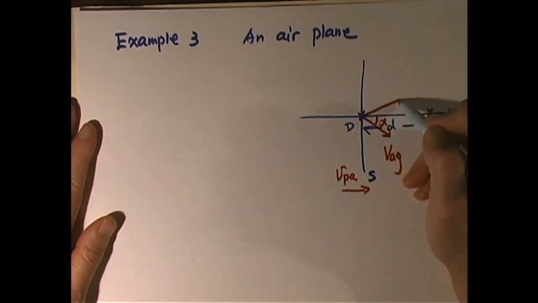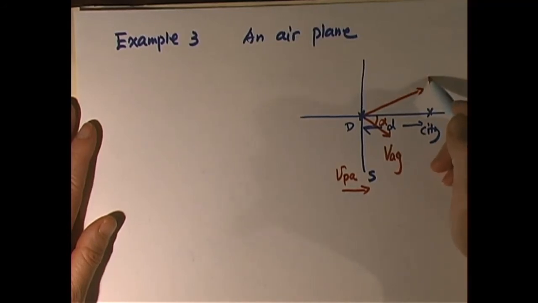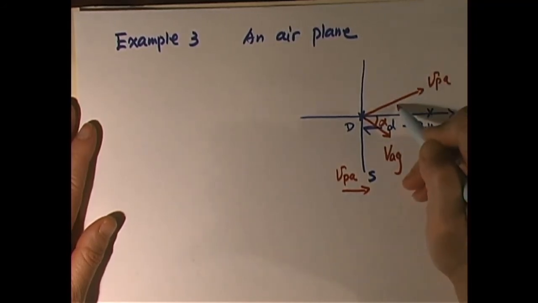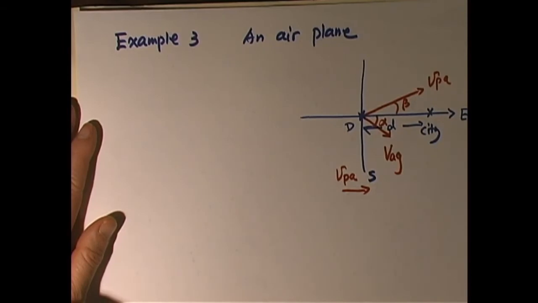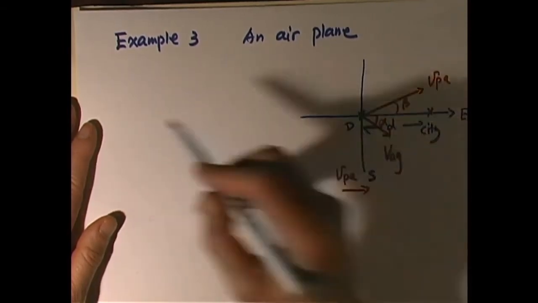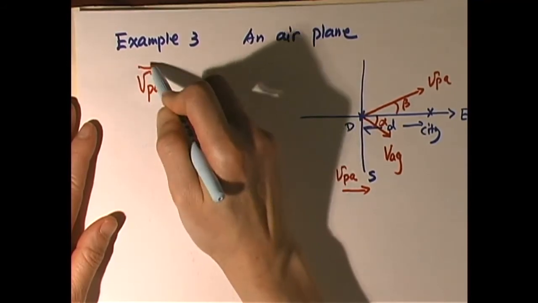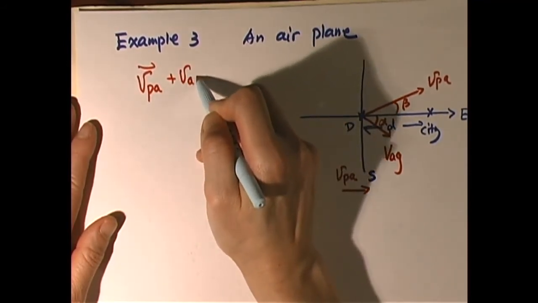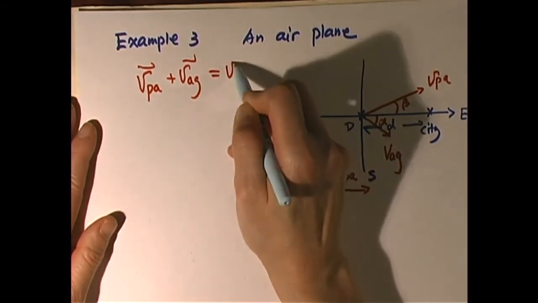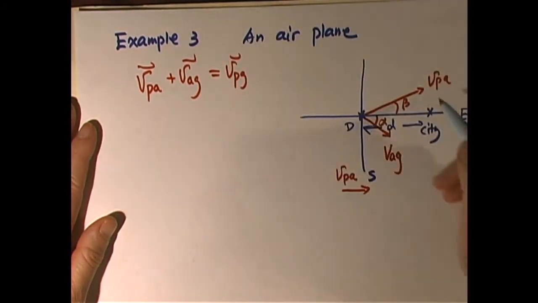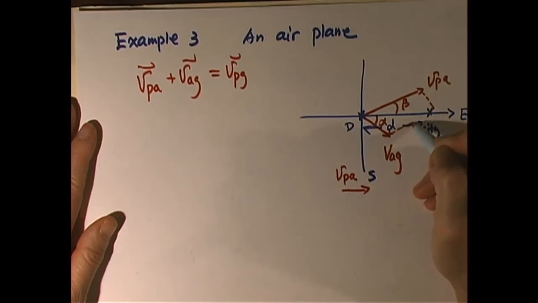I think we should fly this way, which is V plane to the air at beta degrees north of east. Combining V plane to the air plus V air to the ground, what we get is V plane to the ground. V plane to the ground is the diagonal of these two vectors, and we can end up east. So the question is, what is the angle beta?